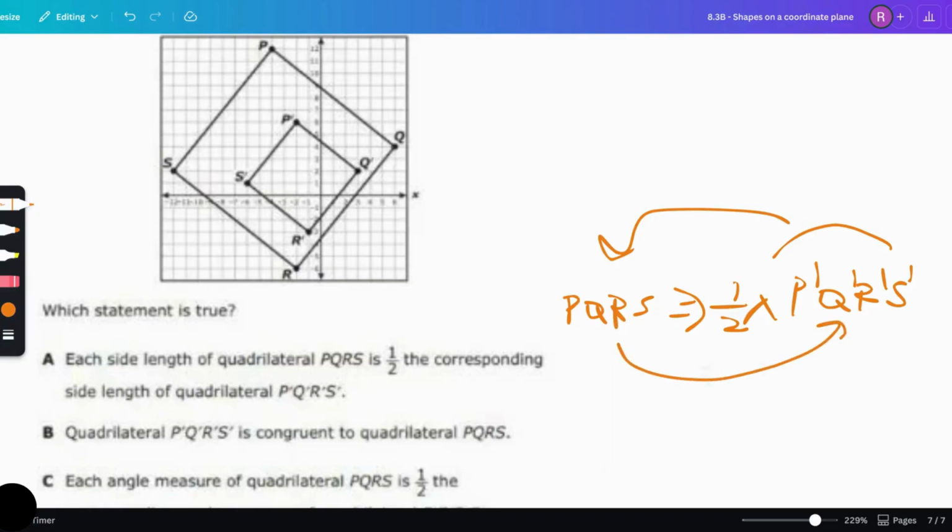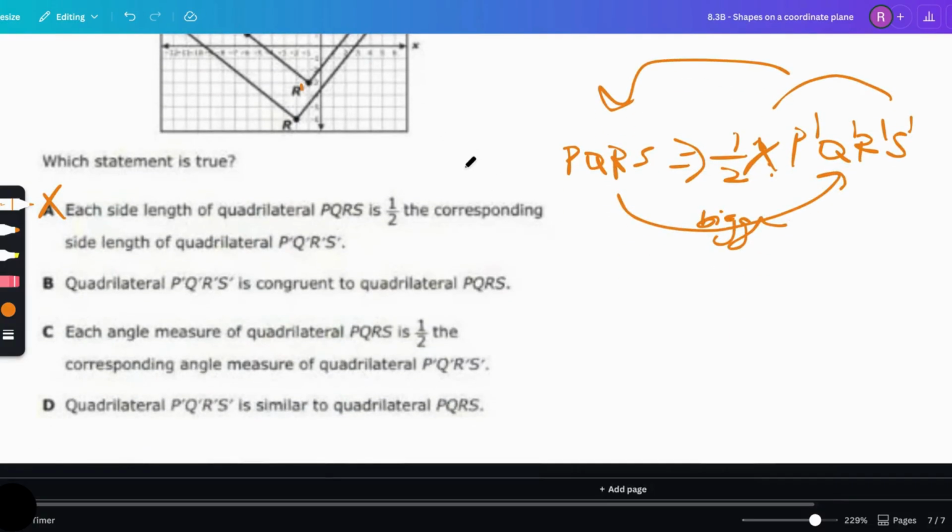So we are supposed to multiply this one by a big number to get PQRS. So this is wrong. If you multiply P prime Q prime R prime S prime by half, you will get a smaller shape. But for this now, whatever we multiply this prime one by, it is bigger because we got a bigger shape. So that one is wrong.